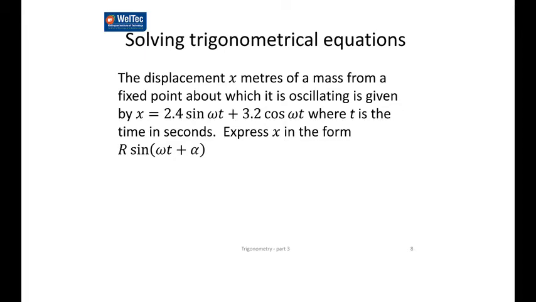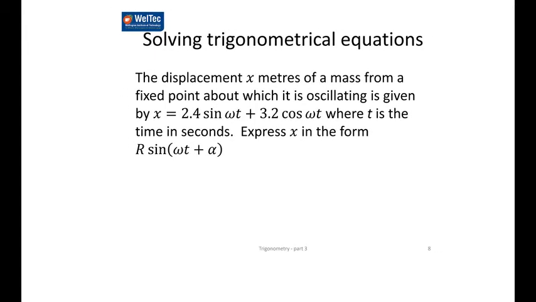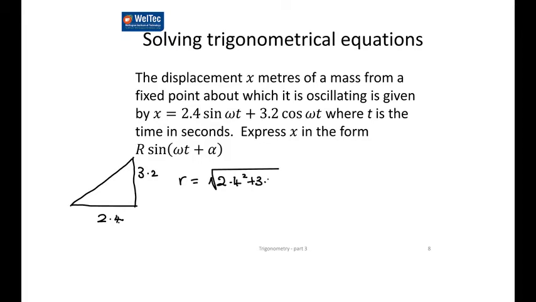Check it out. The horizontal is 2.4 and it's positive. And the vertical is 3.2, like that. So we can find R is equal to the square root of 2.4 squared plus 3.2 squared.